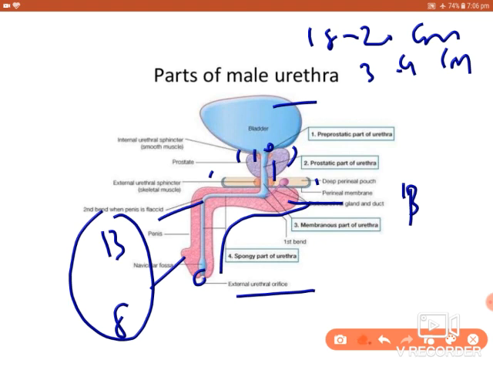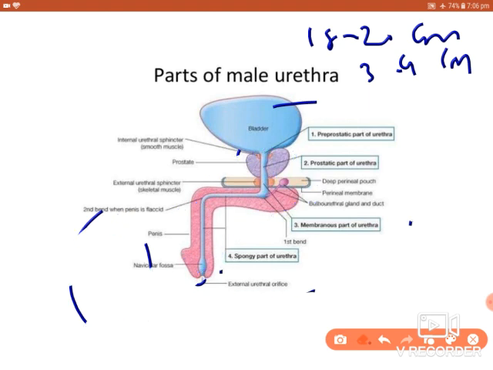Then coming to the course and parts, it begins from the neck of the bladder, here at the internal urethral orifice. Then it runs forwards and downwards through the prostate, as the prostatic part of urethra.